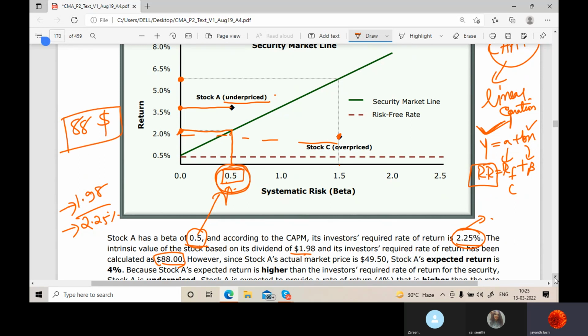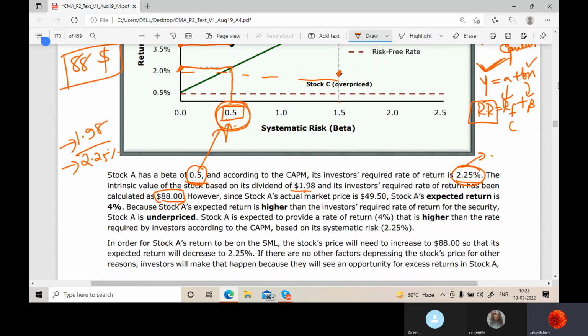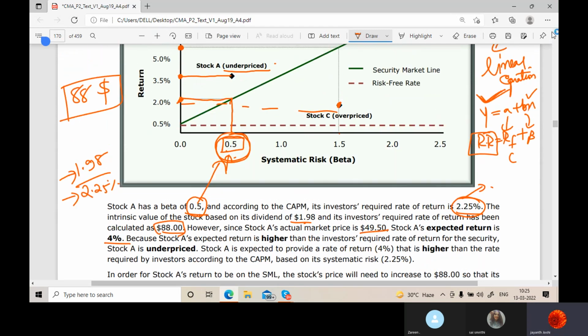But now see, the things would change. Now what would happen? The actual market price of the stock is 49.50. See, this is the intrinsic value 88, but the actual market value would be different, correct? That is decided by the market participants. The stock's expected return is 4%. Okay, so now what was your required rate of return?